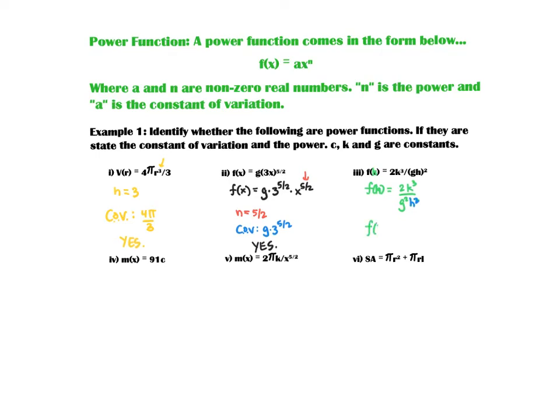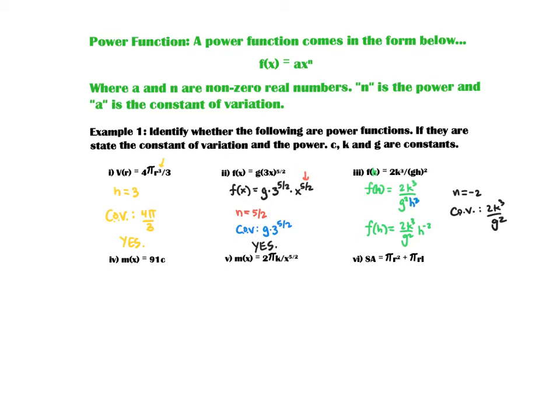I'm going to rewrite f of h as 2k cubed over g squared times h to the negative 2. So it looks like my power is negative 2, which is a non-zero real number, and my constant of variation is 2k cubed over g squared.